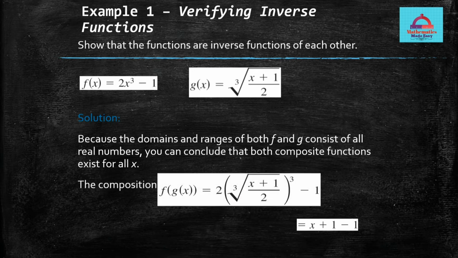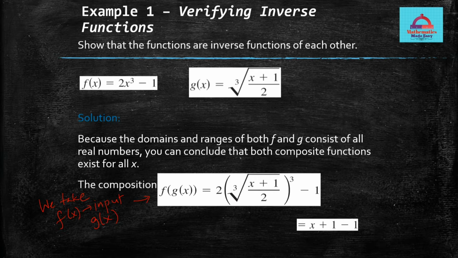So let's first find the composite function f of g(x). Later in the question, we'll find the other composite function, which is g of f(x). When I'm trying to find f of g(x), that means in function f(x), we take as input, or inside, the value of the function g(x).